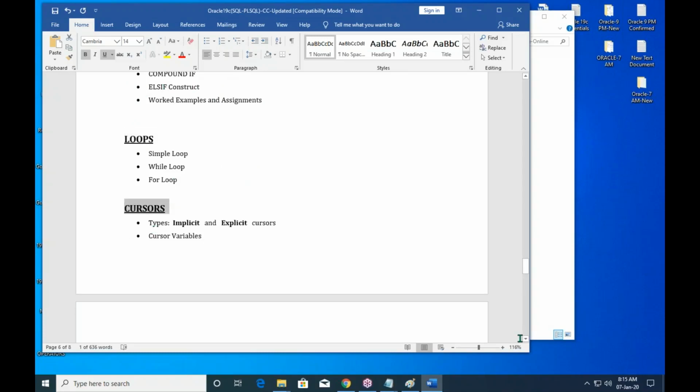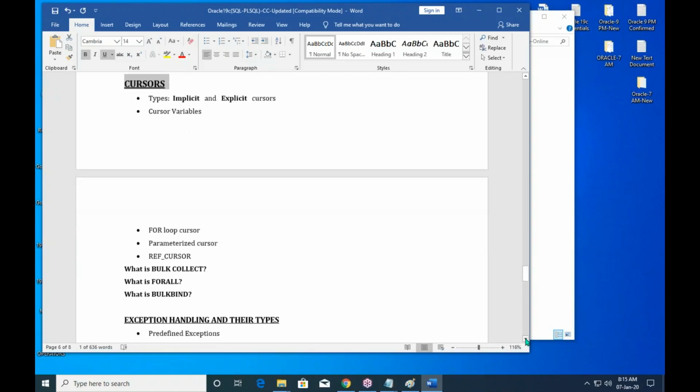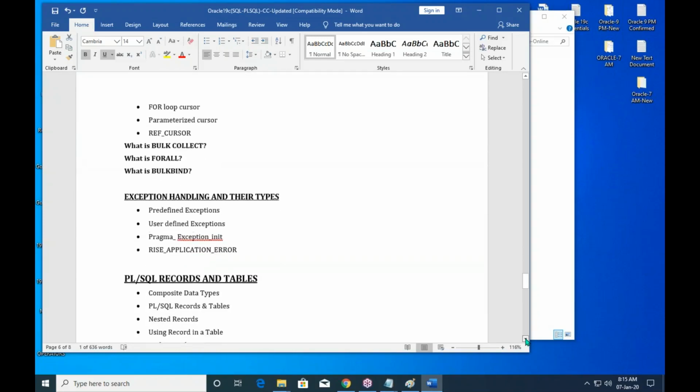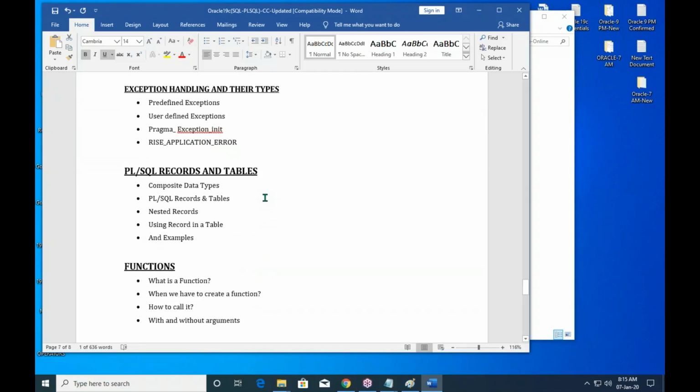Next, cursors. What are the different types of cursors? Next one, exceptions. What is an exception? In PLSQL, a runtime error is called an exception. You can handle that error. How to handle it, that is also something I am going to explain.